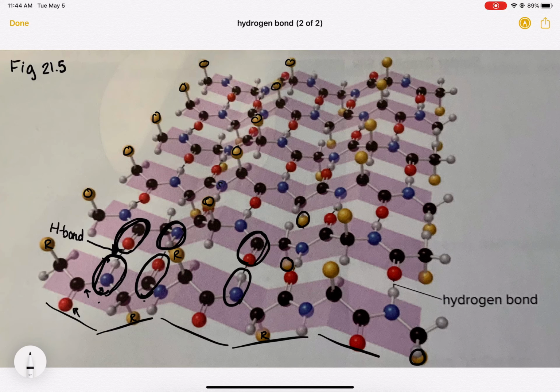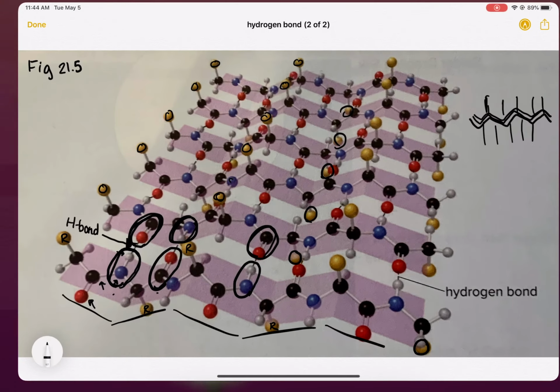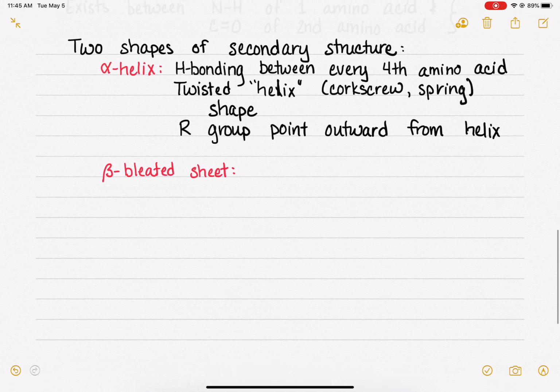If we were to look at it from a side diagram, it would look like this, all stuck together, and all the R groups would be sticking up and sticking down, but none of them would be embedded flat within the sheet. They're all up above it or down below it, and they alternate up and down. So let's go add this to our notes.